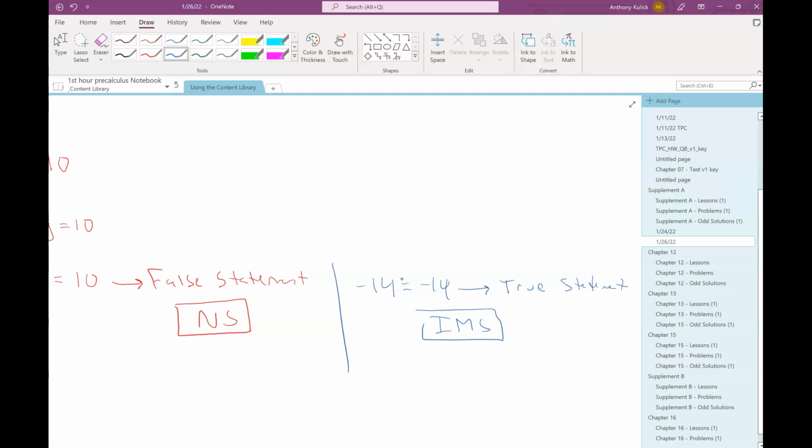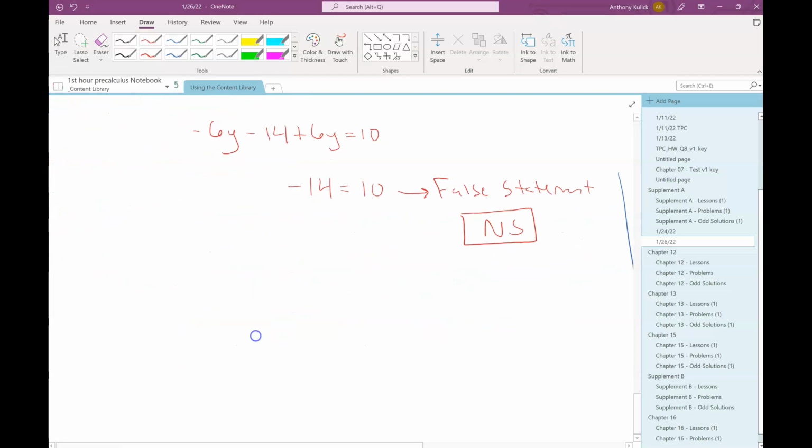Does that feel okay? So it's easy to tell them apart, but it's worth pointing out that when all the variables cancel out like that, that's what's going on. Does everybody feel okay on that? All right. Any questions about substitution here before we move forward? Okay.